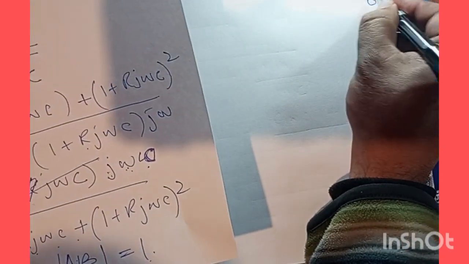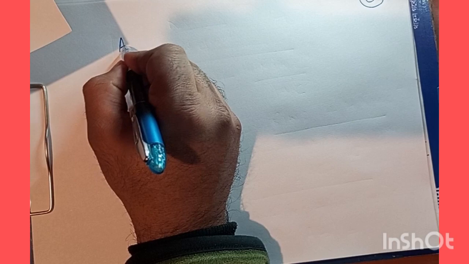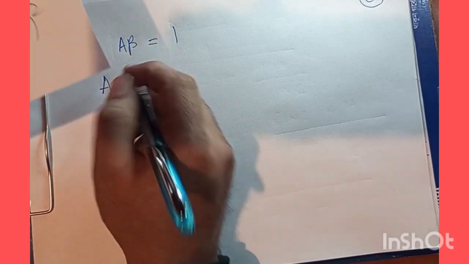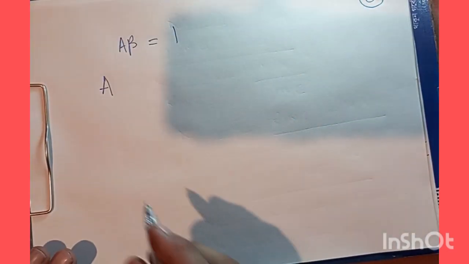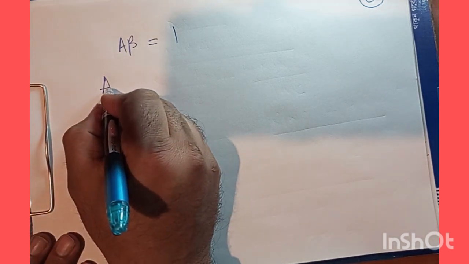So what we are going to get from here is, say this is 6. Okay, we will have this Barkhausen criteria, that is A beta, and this must be equal to 1. Now A is okay, I am okay with A. And what is beta that finally we have got?